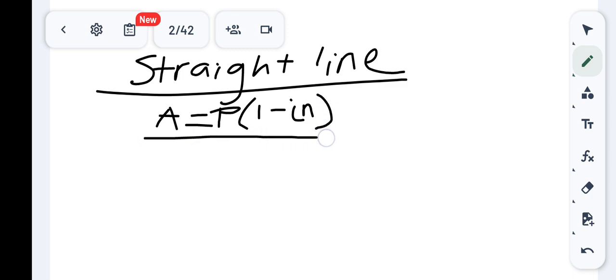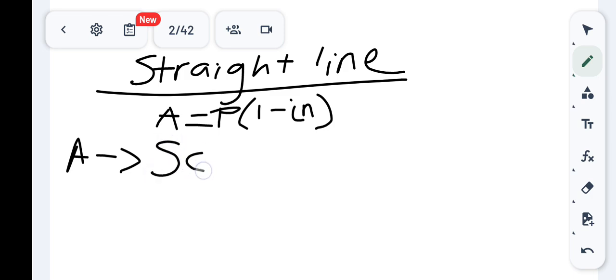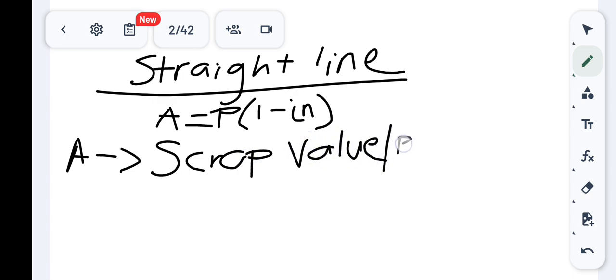This is the formula you will use when you calculate depreciation according to the linear method, where A is the scrap value or book value.